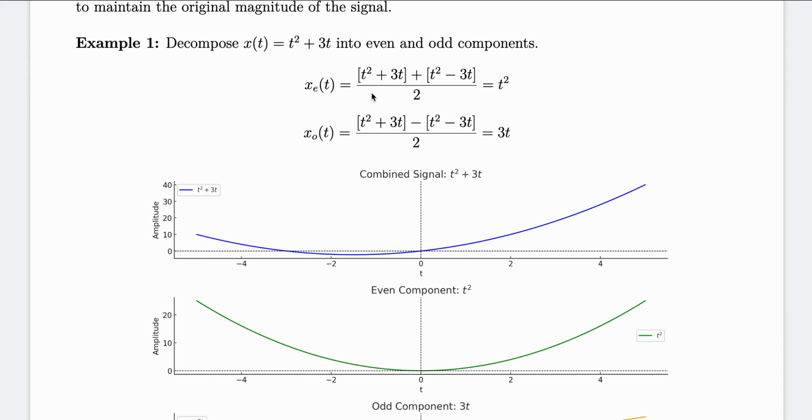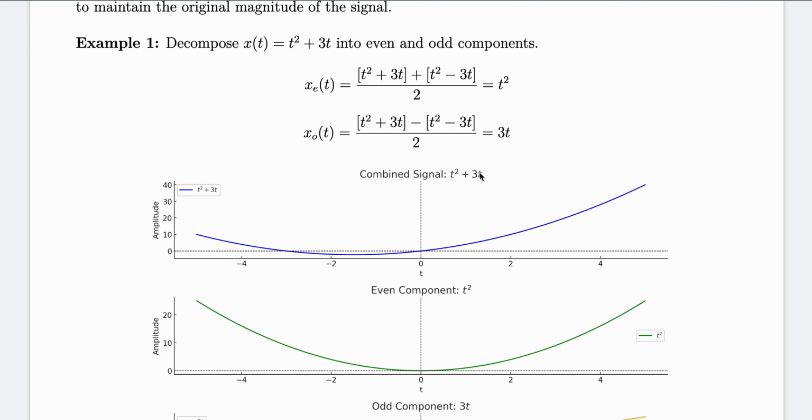If we apply our formula to get the even component, we're going to do our original signal plus the reflected signal, which is just this here, and divide by 2. And what that gives us is t squared, right? And to get the odd component, we're going to take our original signal, subtract off the reflected signal, and then divide by 2, which gives us 3t.